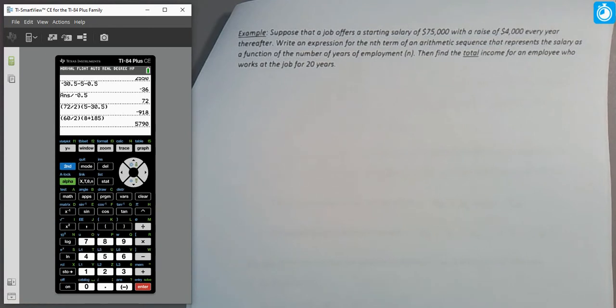We want to write an expression for the nth term of the arithmetic sequence that represents this salary as a function of the number of years of employment. And then we want to find the total income, everything that an employee has made, who works at this job for 20 years.